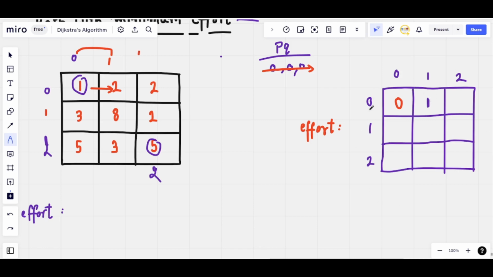And now to reach cell 0 1, the maximum effort would be 2 minus 1, that is 1, and to reach cell 1 0, the maximum effort would be 3 minus 1, that is 2, because 2 is greater than 0. Now we also push these cells into the given priority queue. So push 0 1 along with its effort, that is 1, and push 1 0 along with its effort, that is 3.